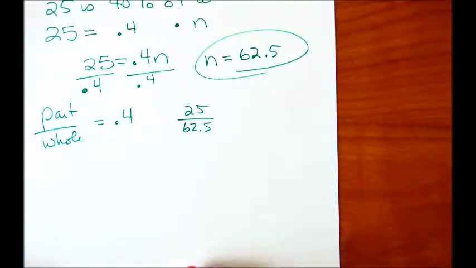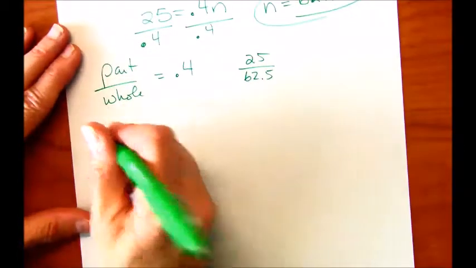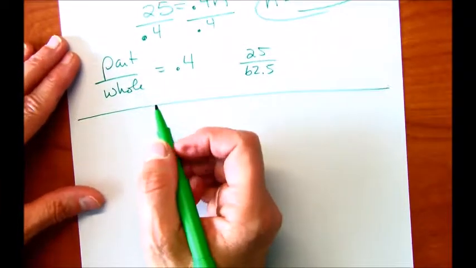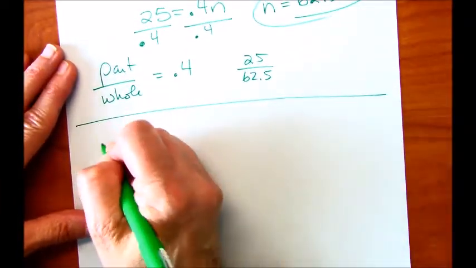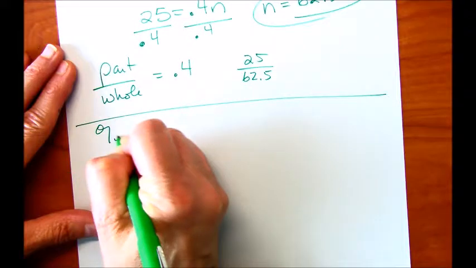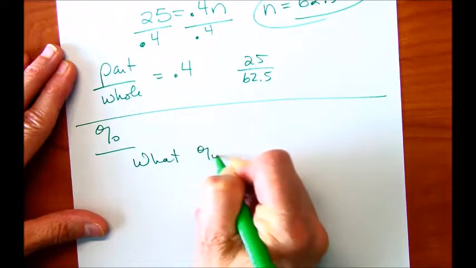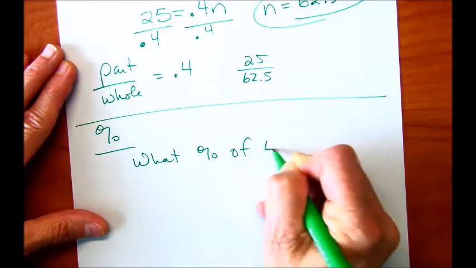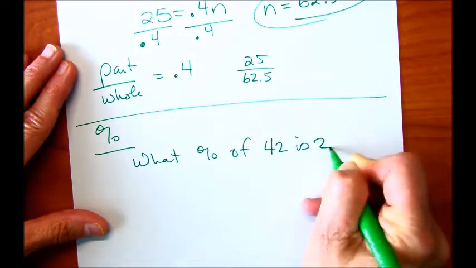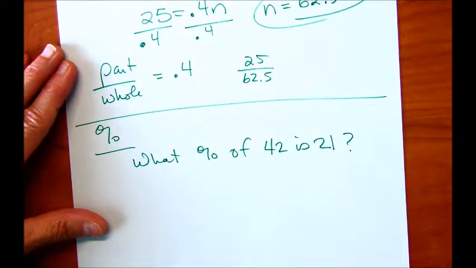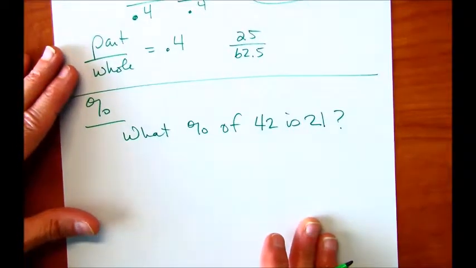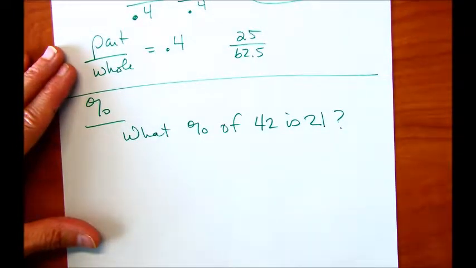Okay, let's do one in which we're looking for the rate or the percent, and we might have a question that looks like this. What percent of 42 is 21?